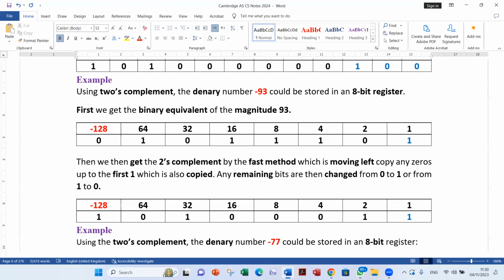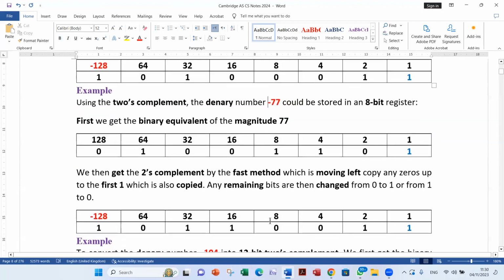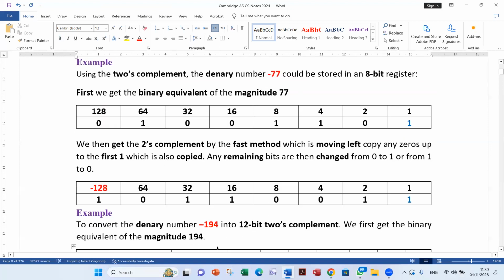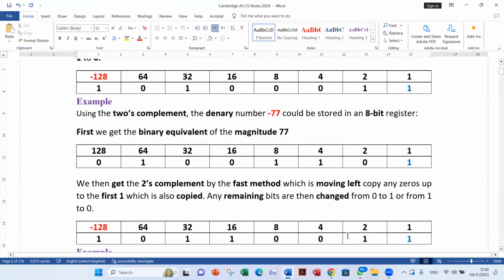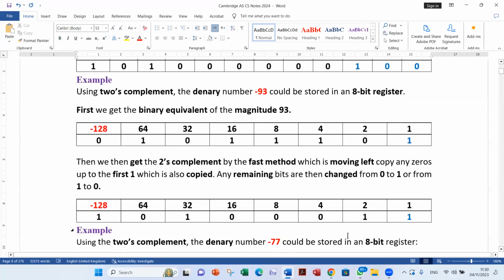Can you take it as homework that you do negative 77? You can pause my video.